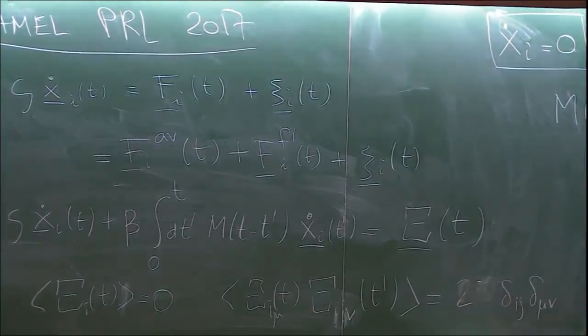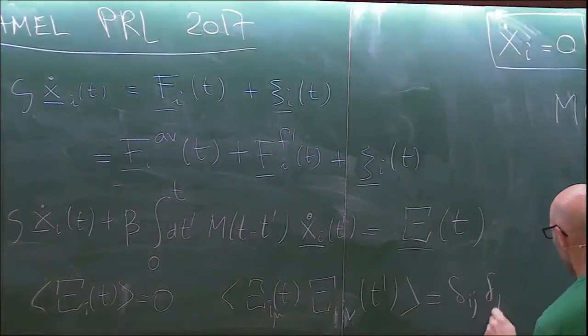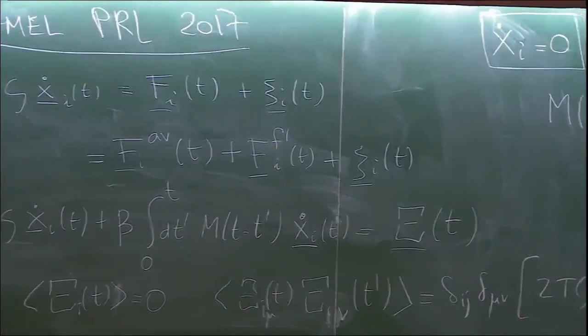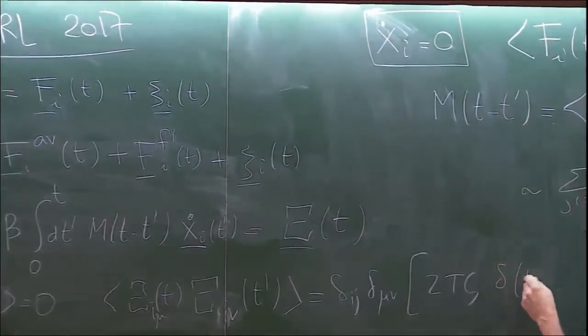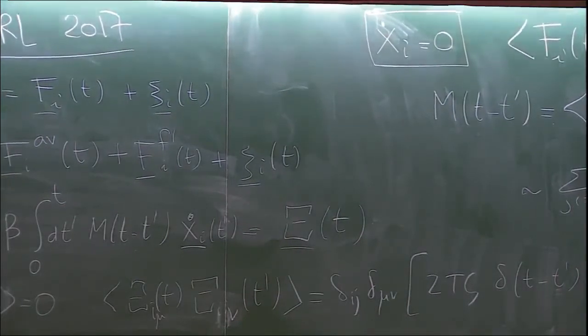It's going to be uncorrelated over particles and uncorrelated over spatial directions, and then I have 2T times delta of t minus t prime plus m. Okay. Is it fine up to here?